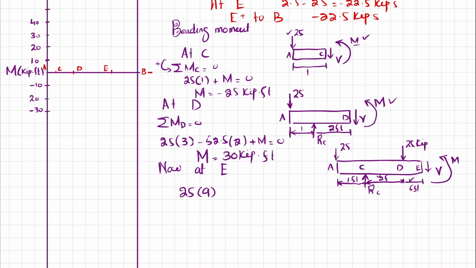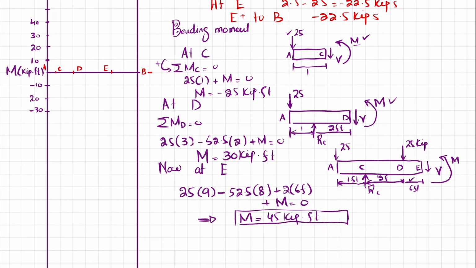The other one is positive, so this RC is 52.5 into perpendicular distance, which is now 8, plus 25 into perpendicular distance 6 feet, plus M, the sum must be equal to 0. So from here you will get this moment will be equal to 45 kips into feet.